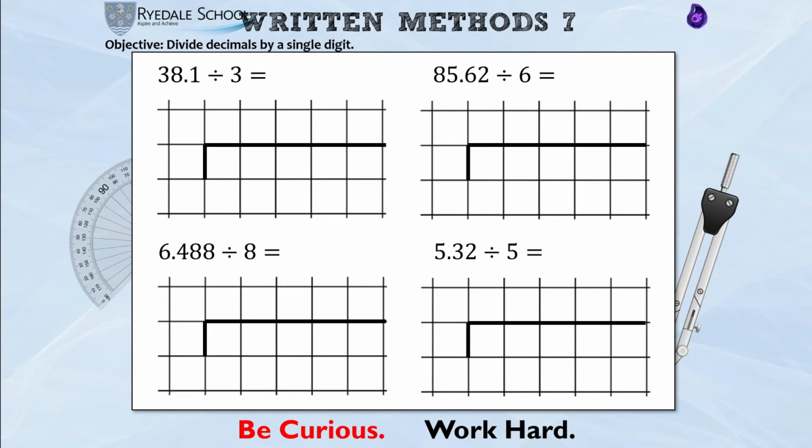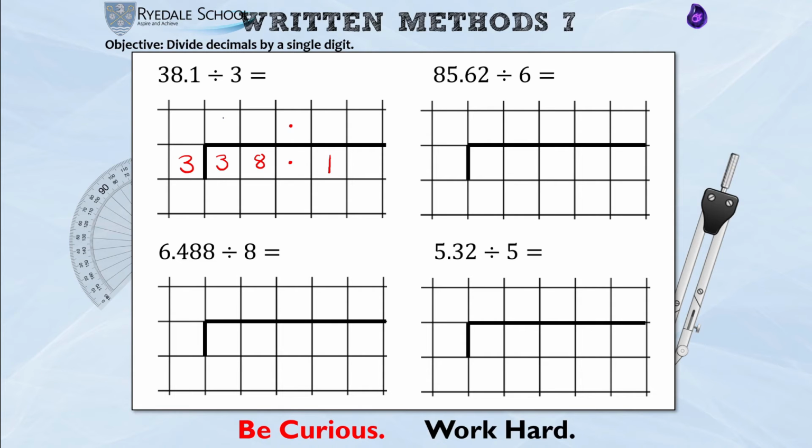So let's take a look at 4 additional examples, starting with 38.1 divided by 3. So, setting this out, 38.1 divided by 3. Remember to line up your decimal point. So, how many 3s go into 3?